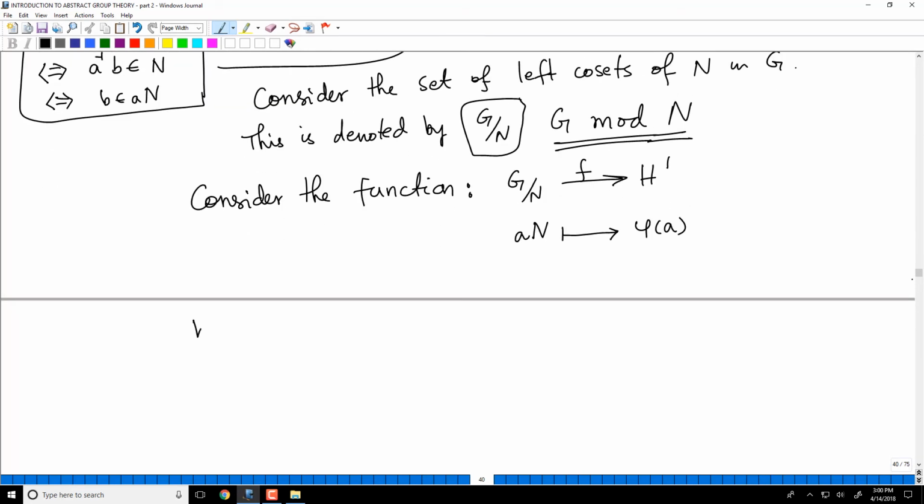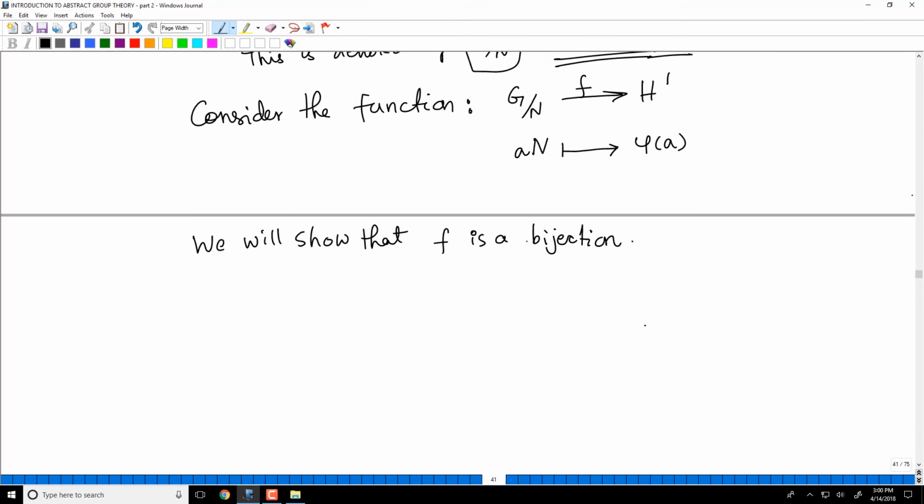I claim that we will show that f is a bijection. What does this mean? So first we want to show f is onto. Why?